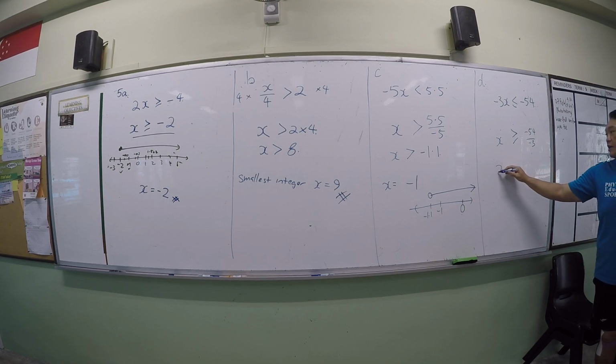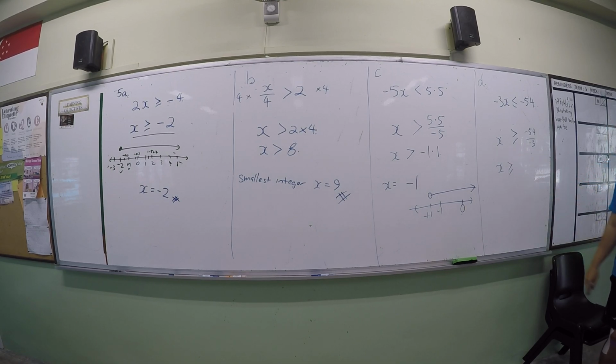Negative, negative become positive. 54 divided by 3 becomes 18. X must be larger than or equal to 18. So the smallest integer x is 18.